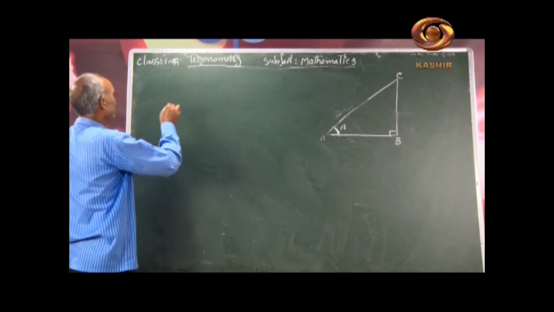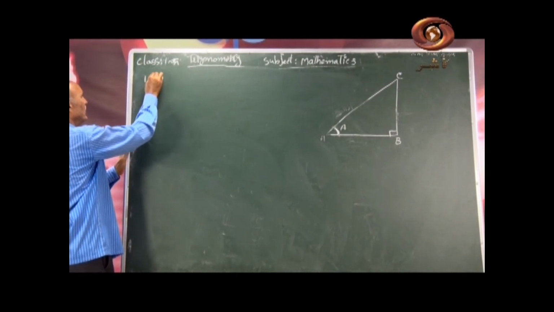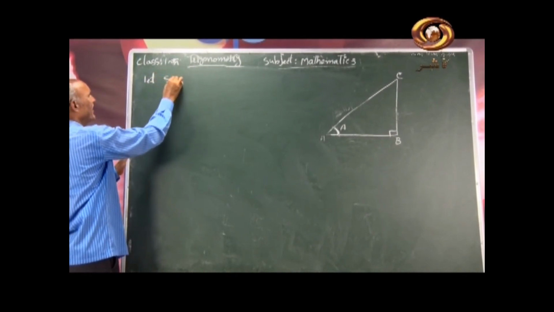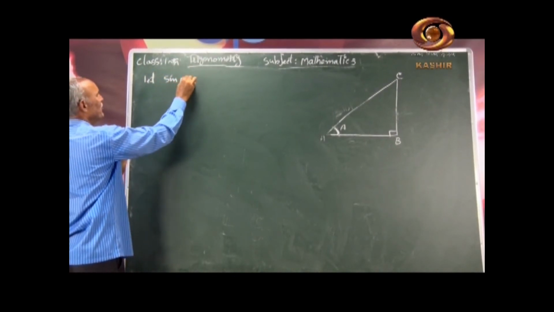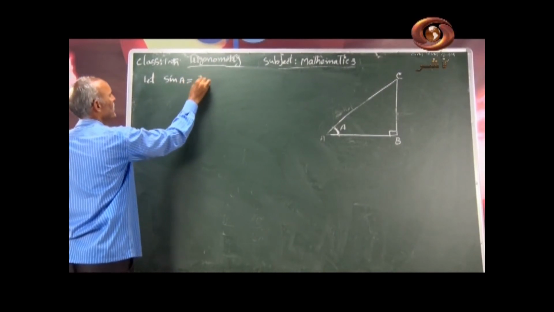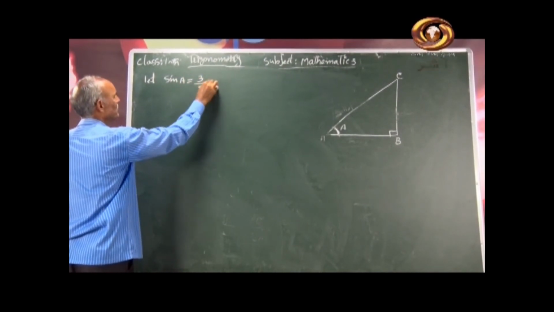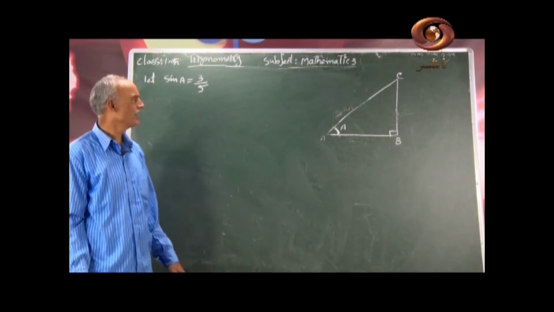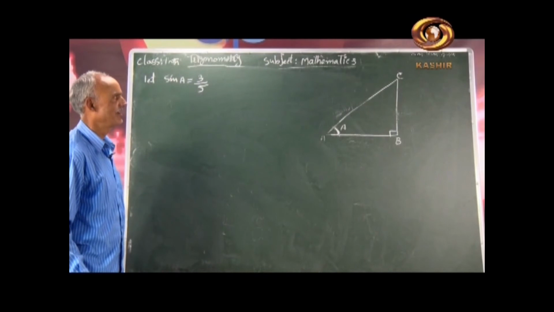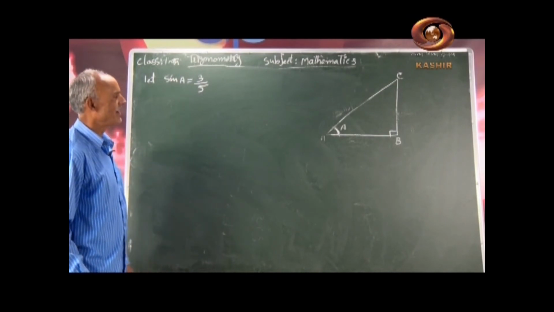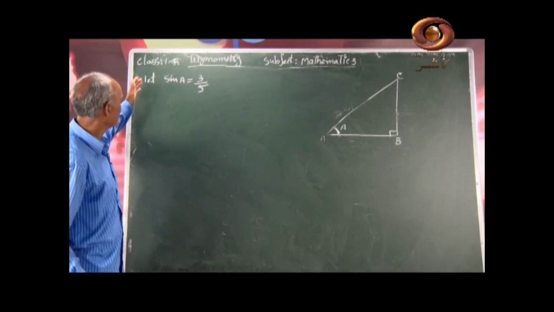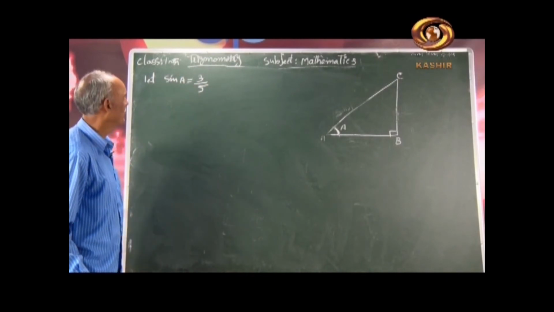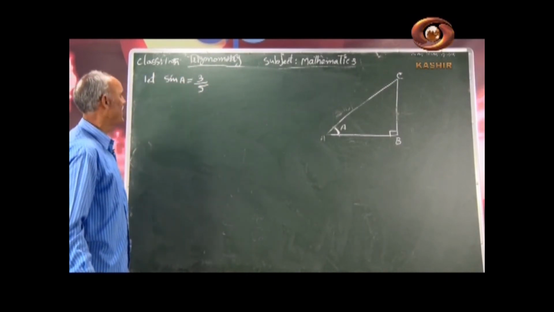Let sin A is equal to say 3 by 5, suppose, to find the other trigonometric ratios. So, we are given only one ratio, sin A. In a right triangle ABC, we are given sin A is equal to 3 by 5. We have to find the other trigonometric ratios. How to find these?